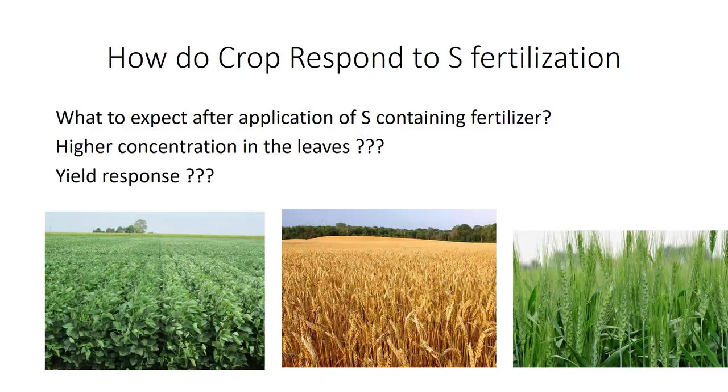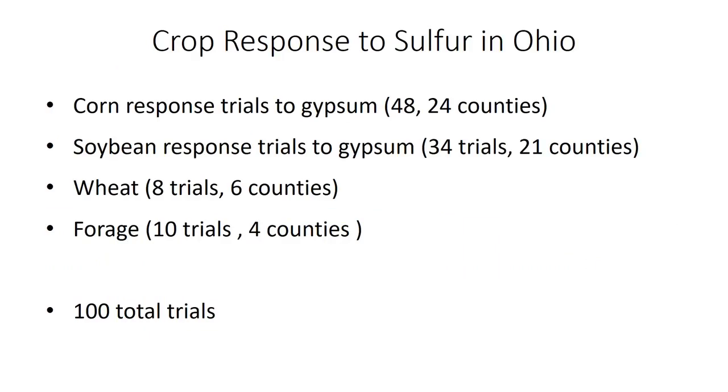So we conducted several research trials in Ohio as a research team, on several crops in several counties, looking at the response to sulfur. Would I expect to see a yield response? Is my R1 sulfur going to be greater in plants that have received an application of gypsum?